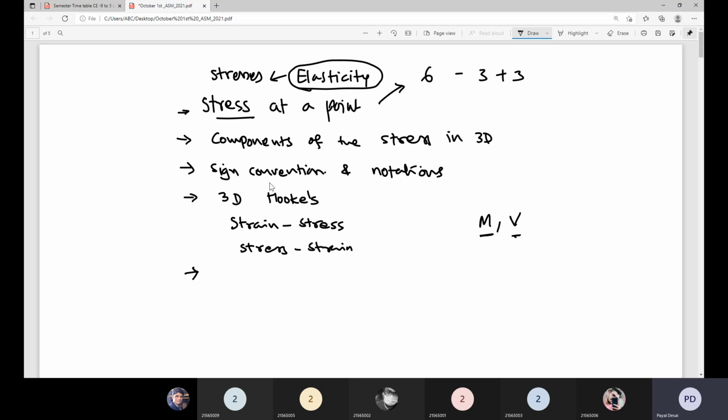So I talk about stresses and strain first, and then if I integrate those stresses, I can replace them with stress resultants. Those stress resultants are equivalent moments or equivalent shear forces. If you consider the x, y and z axes, some forces produce torque, the twisting moment, some produce bending moments, and some produce shear forces.